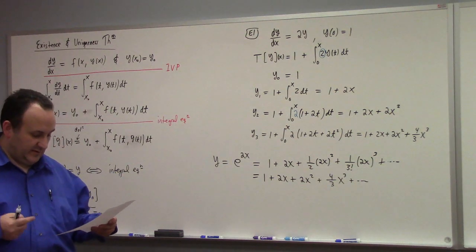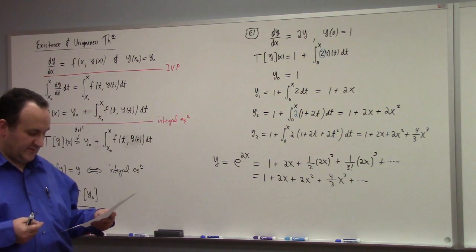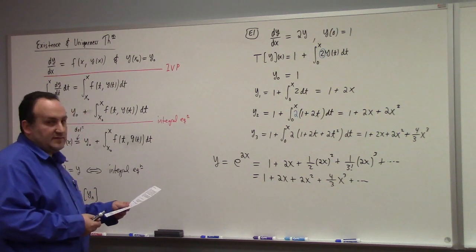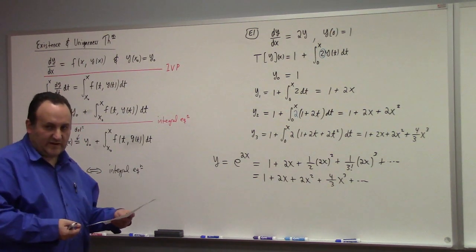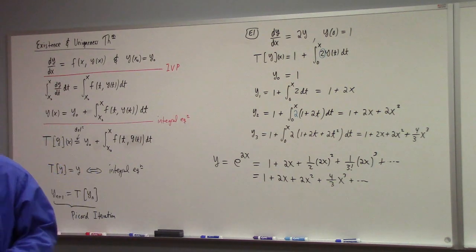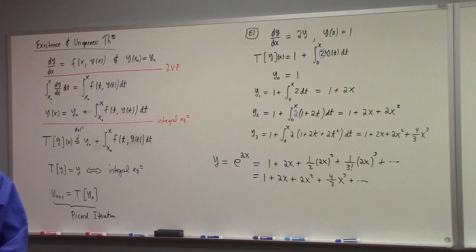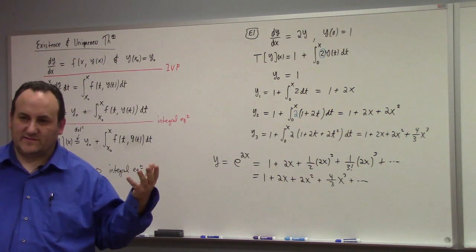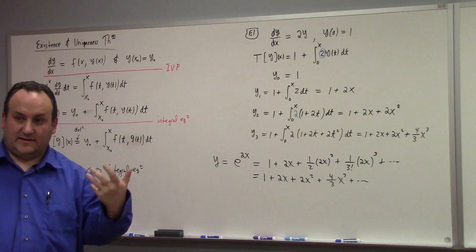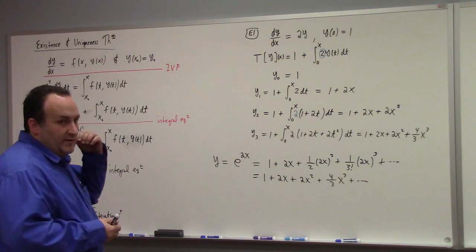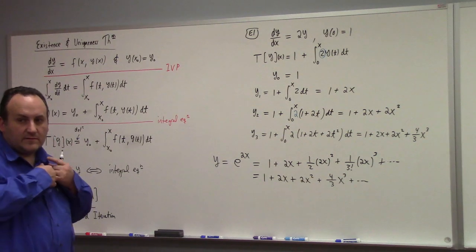But it was Picard whose name became associated with the method because of his work on successive approximations in 1890 and 1896. Banach's fixed point theorem was 1922. So by the time Banach came and formalized the theorem, I think there were already a lot of different people doing it, and he just generalized it and did it nicely, like the proof we saw in the last lecture, for an arbitrary normed linear space.